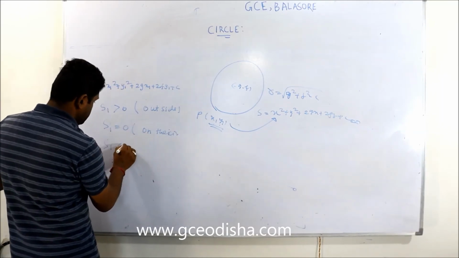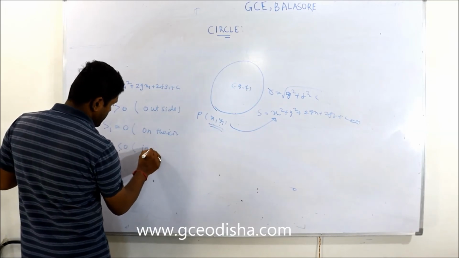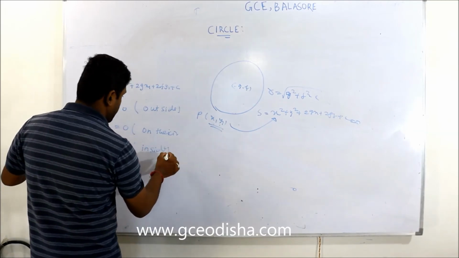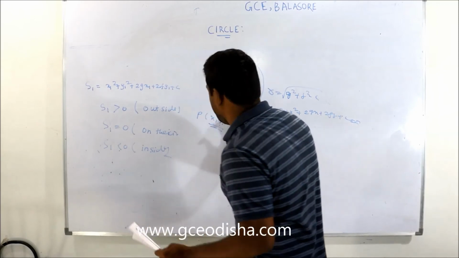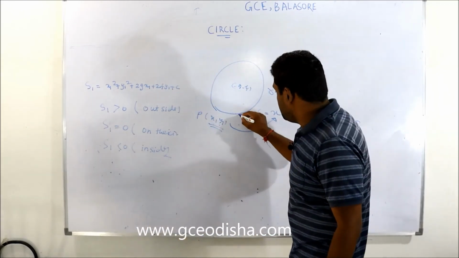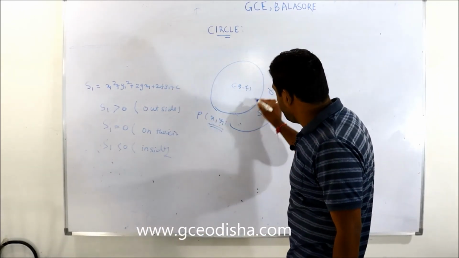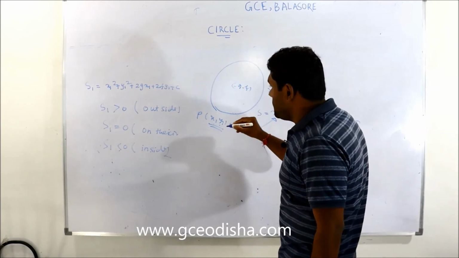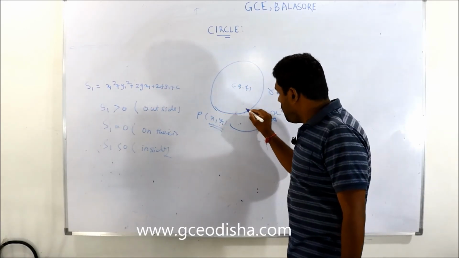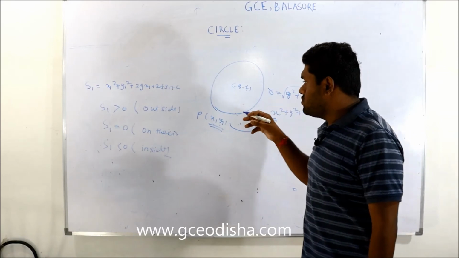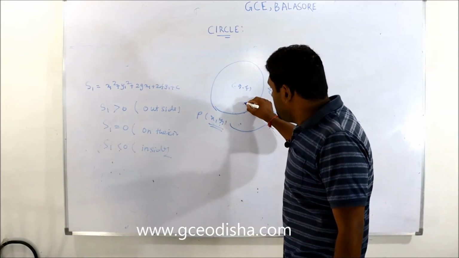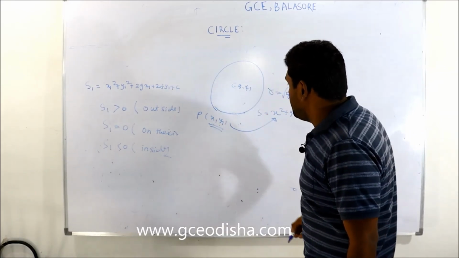When S1 is less than 0, the point is inside the circle. So if S1 is greater than 0, the point is outside the circle, maybe here. If S1 is equal to 0, the point is on the circle. If S1 is less than 0, the point lies inside the circle.